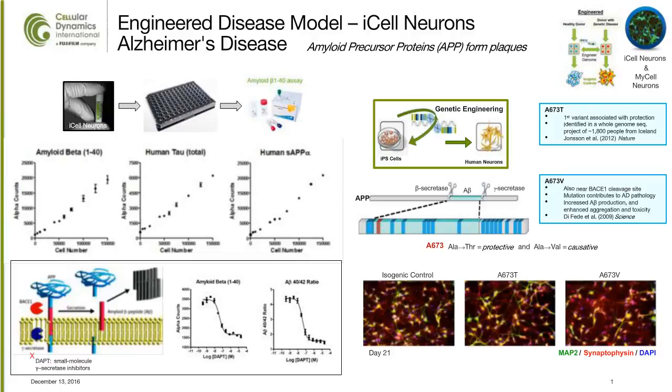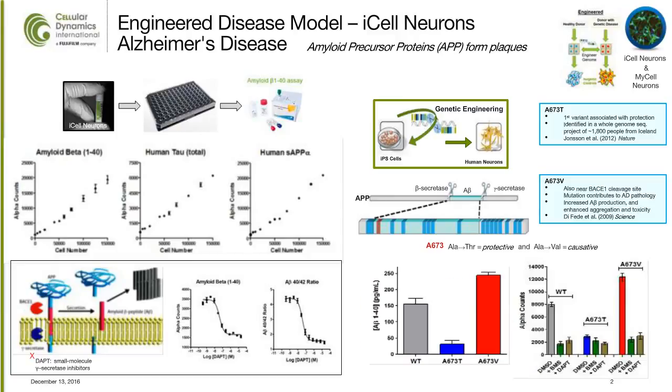This has been discovered and published on, and we here at CDI have put those point mutations into our iCell neuron background, and we have discovered that the cells survive in culture, and thus we can actually investigate the levels of APP, or amyloid beta protein.